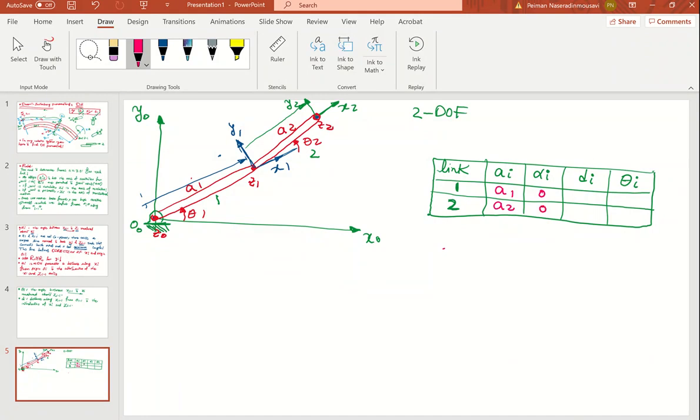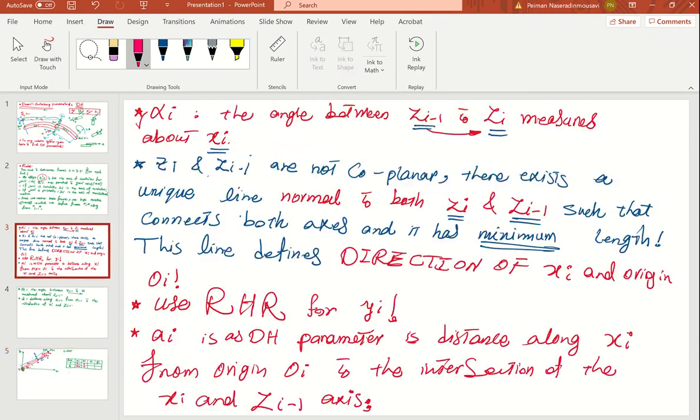The angle between z0 and z1 is 0, because they are parallel lines out of the page. Understand? Okay. So let me go to theta i. Okay, theta i, we said, look at here.